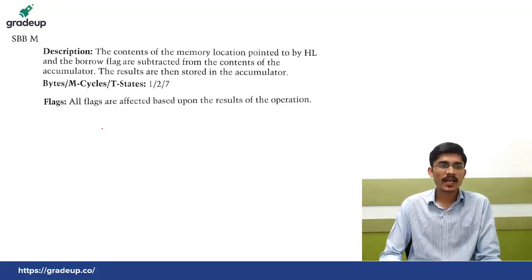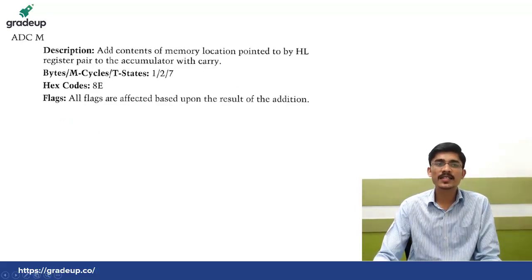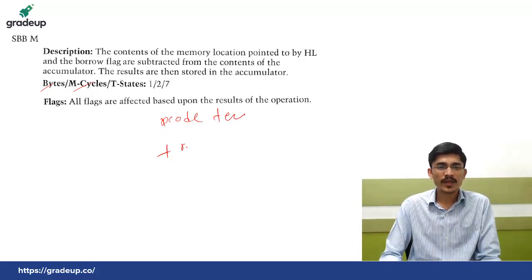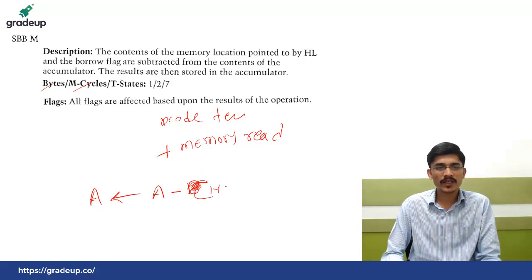Similar to our previous instruction ADC M, this is the SBB M instruction. It is only a 1 byte instruction, and 2 machine cycles, opcode fetch and memory read, will be required. What it will do is subtract the contents of the memory location pointed by the HL pair along with the carry.